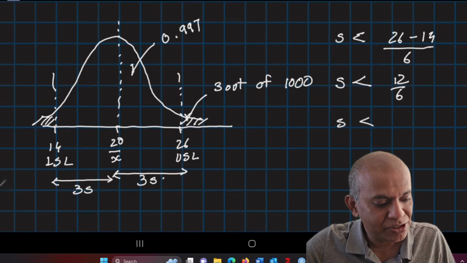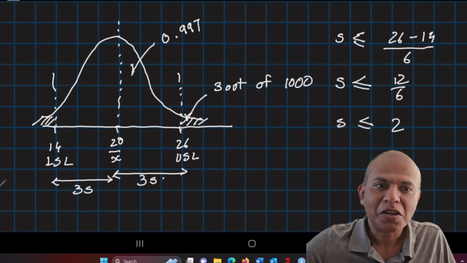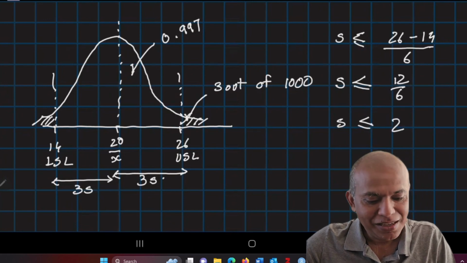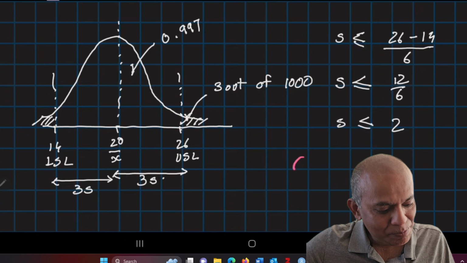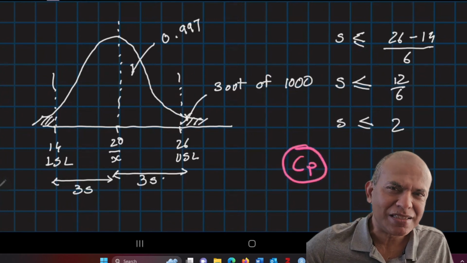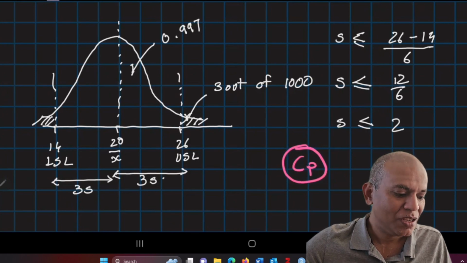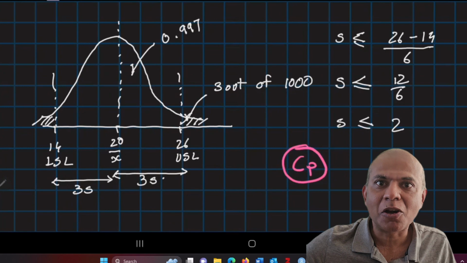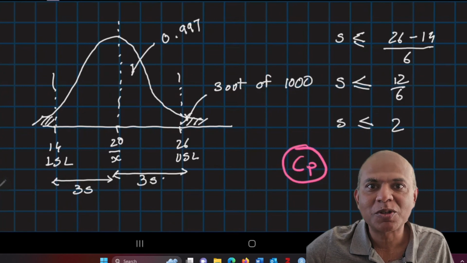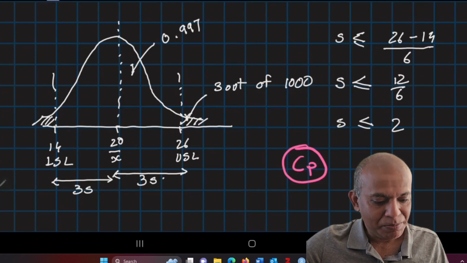So the standard deviation must be lower than or equal to 2. This is the idea of CP that we have here. We will see in the Excel video in the next video how the idea of CP comes up, where there is a calculation using the upper specification and lower specification limits. So that's how we measure CP.